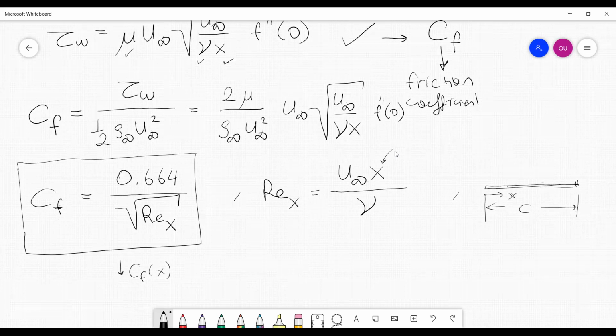I'm telling all this to show you how useful this is. Once you obtain an expression for the velocity profile, then basically you are set. Blasius was able to obtain it for this kind of simplified case.